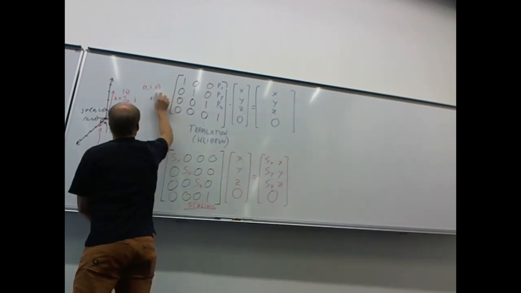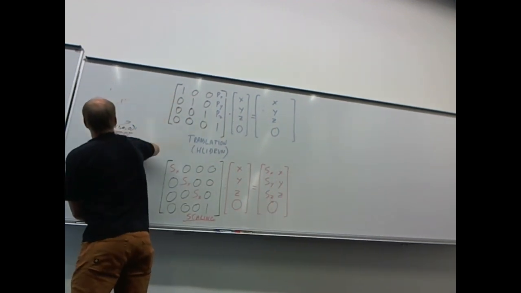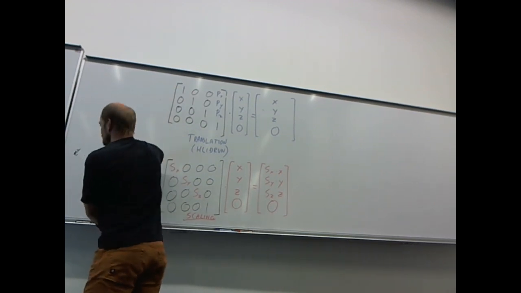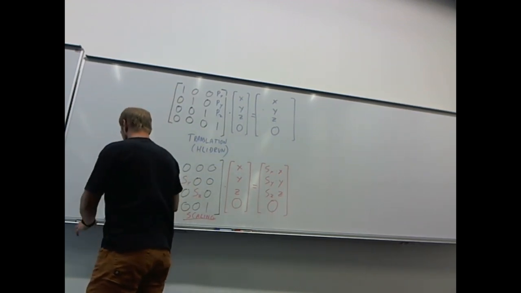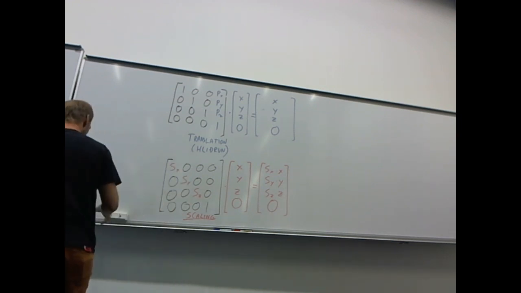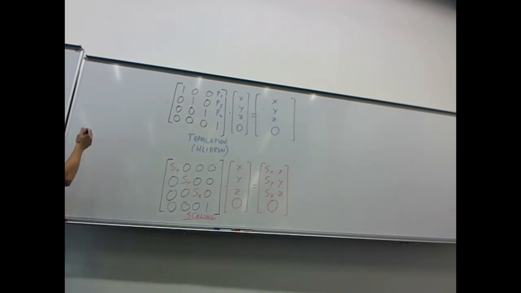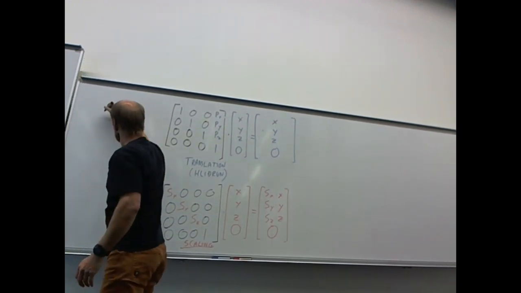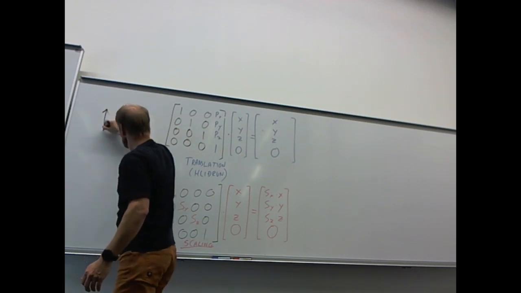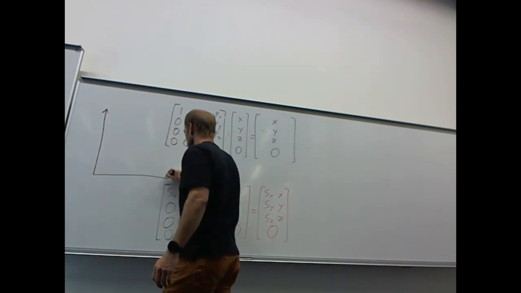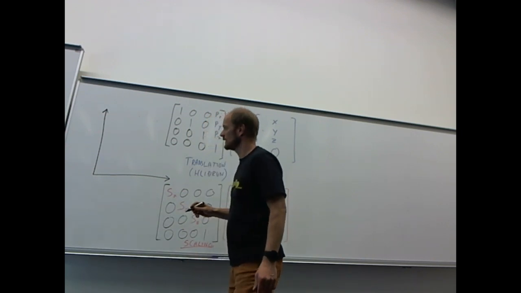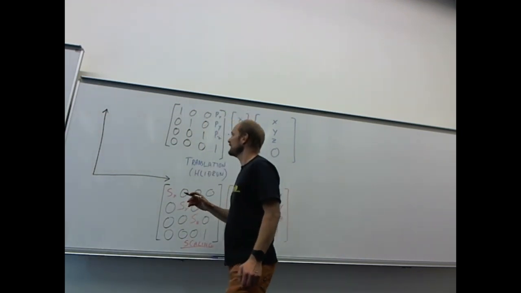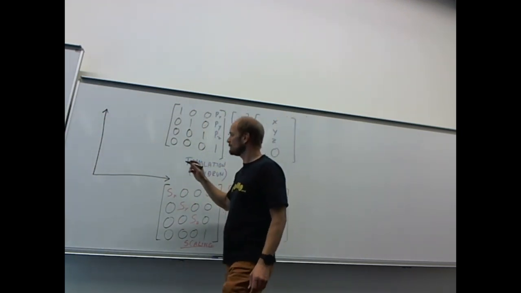I'm going to erase this, put up a clear, less cluttered image. Say I set up a coordinate frame here, and I have a point P here somewhere.